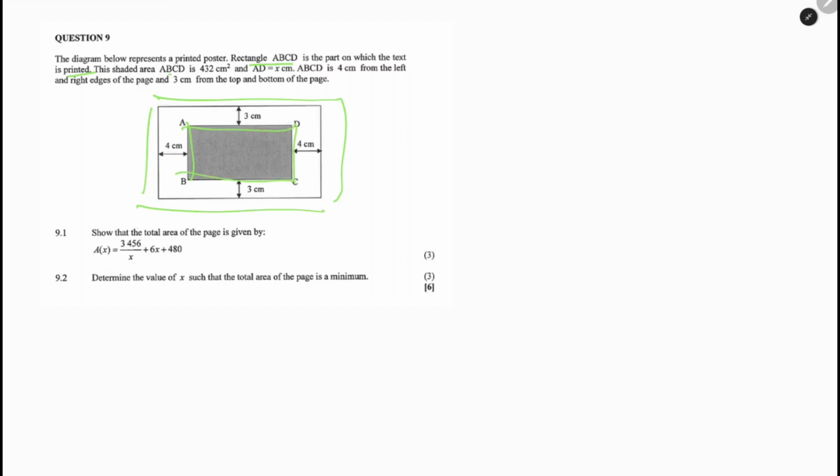The shaded area ABCD is 432 centimeters squared, so I'm just going to write this here, 432 centimeters squared.